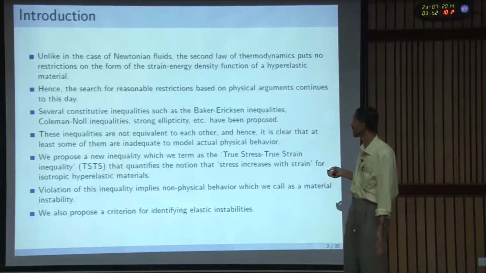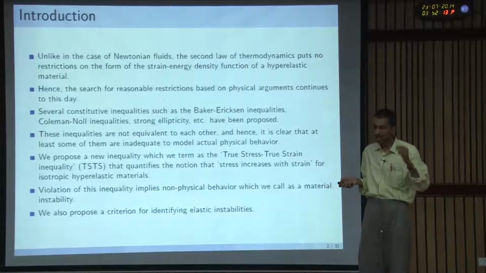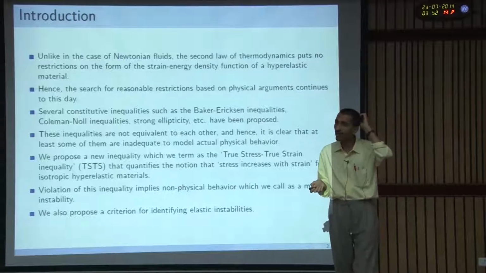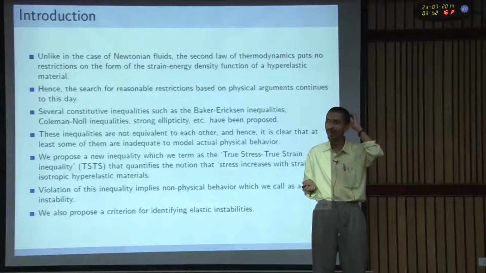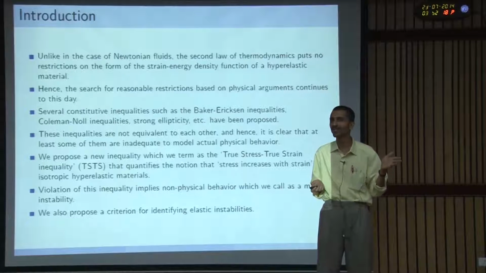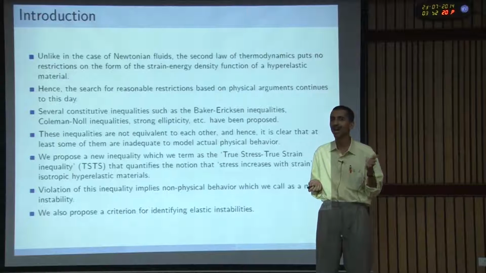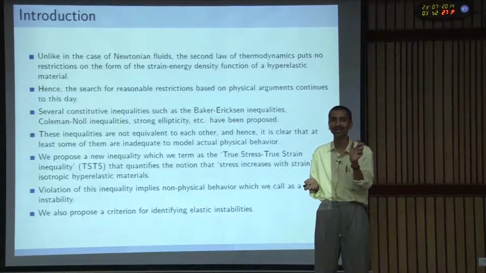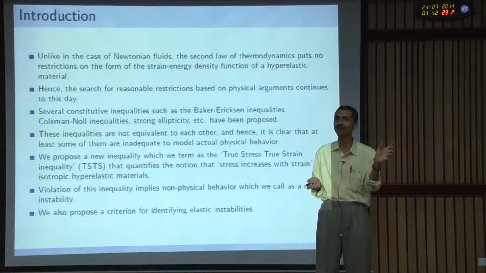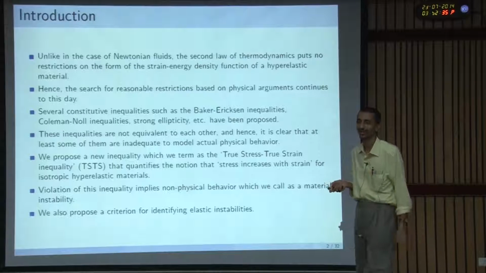That is the reason it is such a difficult problem, because if we were living in a 1D world, then it would be very simple. If tau is my stress and epsilon is my strain, I simply say that delta tau times delta epsilon is greater than 0, right? Because if delta epsilon is the increase in strain and delta tau is the corresponding increase in stress, then their product is greater than 0. That will settle the question once and for all.